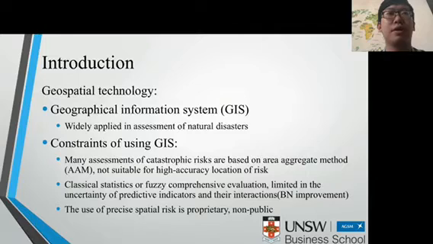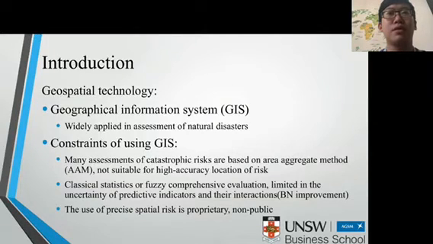By far, the geographic information system as a geospatial technology has been widely applied in assessment of natural disasters because of its efficient spatial location and management of spatial database. But there are still constraints of using GIS.